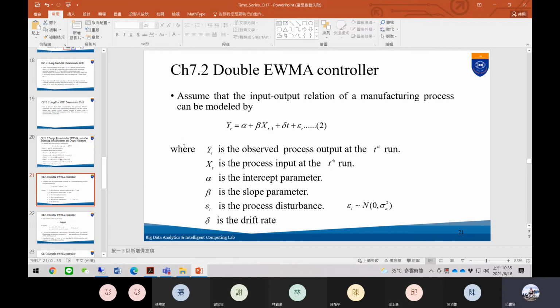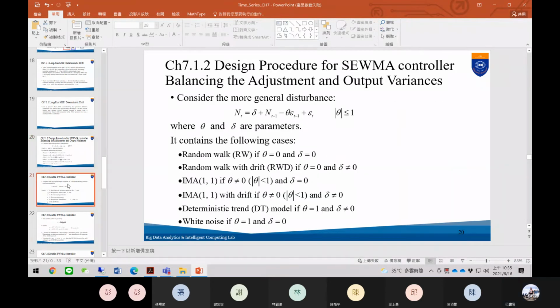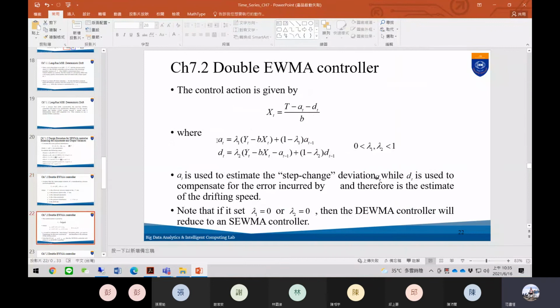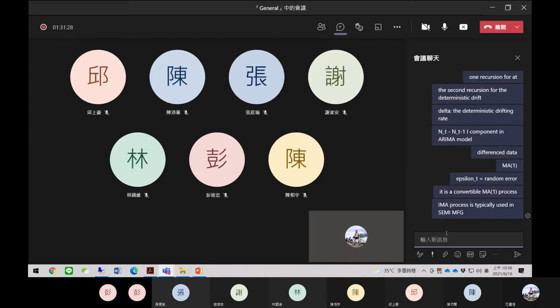Yt minus b xt and alpha t are used to estimate delta t, and yt minus b xt is used to estimate alpha. So alpha t is used to estimate the step change, the mean shift, the step change in mean.